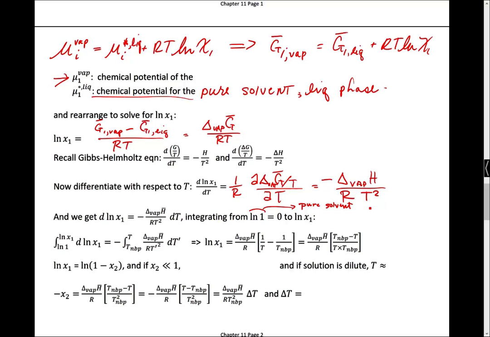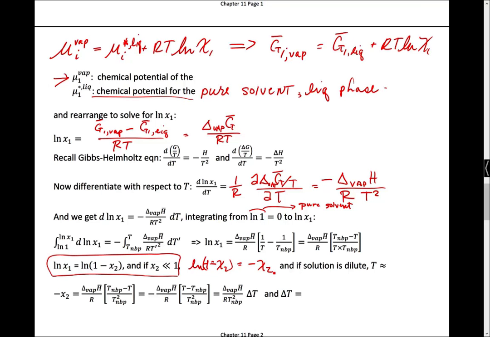This is the identity that I mentioned at the outset, that the natural log of the mole fraction of our solvent is the same as the natural log of 1 minus the solute, and this is going to be the same as minus x2 as long as it's a dilute solution, if x2 is small. So ln of 1 minus x2 equals minus x2.